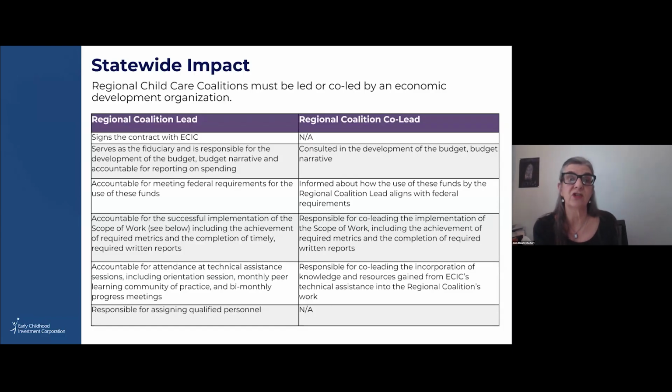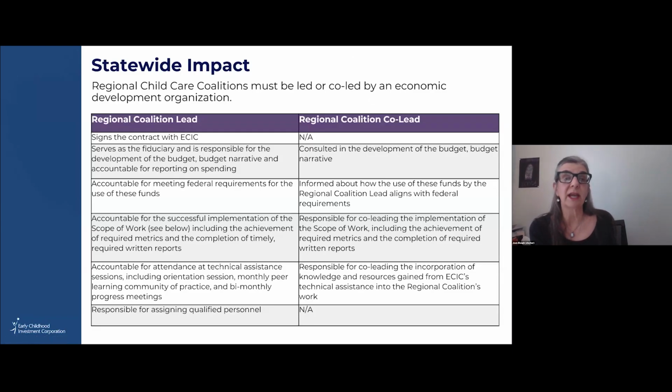The lead organization is ultimately accountable to the Early Childhood Investment Corporation Child Care Innovation Fund for the successful implementation of the scope of work, which I'll be talking about in just a moment. And that includes working on the required metrics and the completion of timely required written reports. Very familiar for anyone that has actually worked on using federal funding.